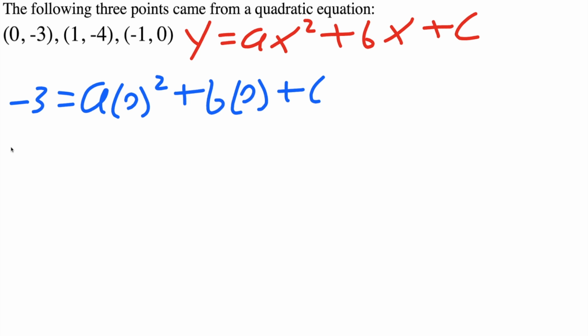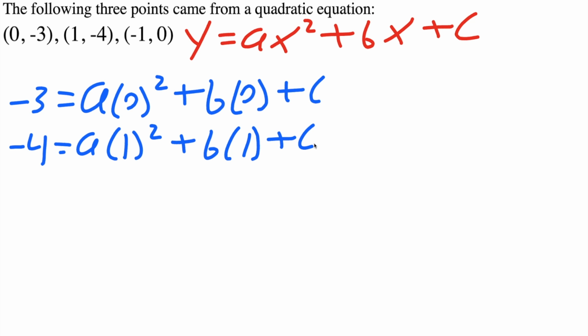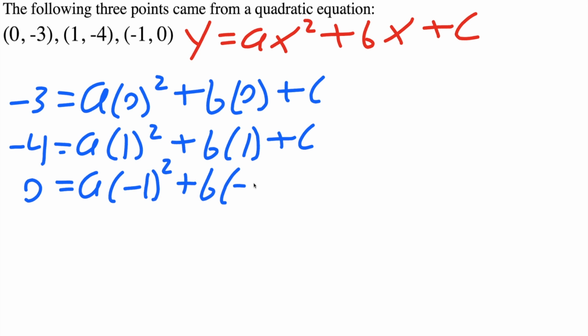So here we have a -4, so you can say -4 is equal to a(1) squared plus b(1) plus c. And we have one more, this one right here. So the y value is 0, is equal to a(-1) squared plus b(-1) plus c. So that's step 2. We replace x and y for each equation, and we have 3 equations.